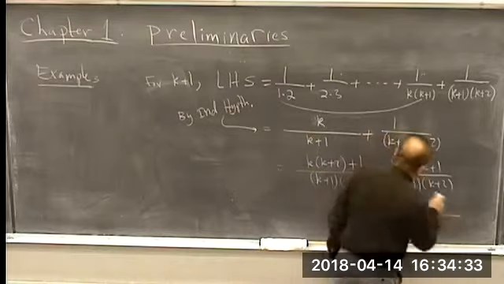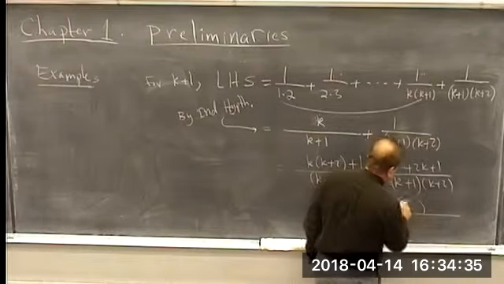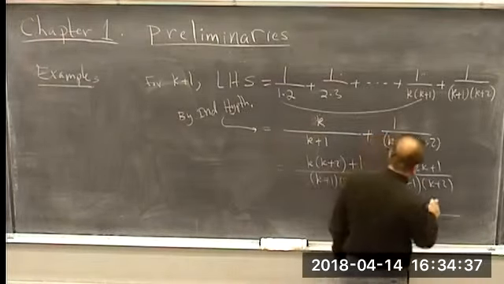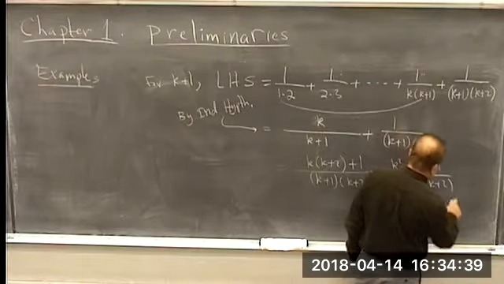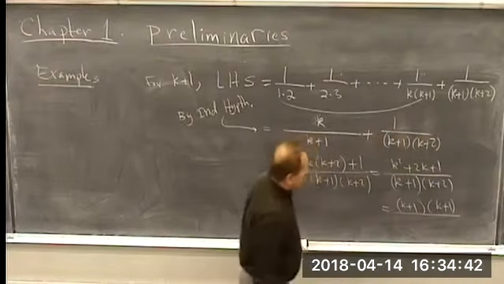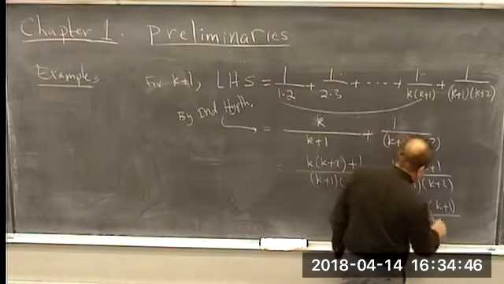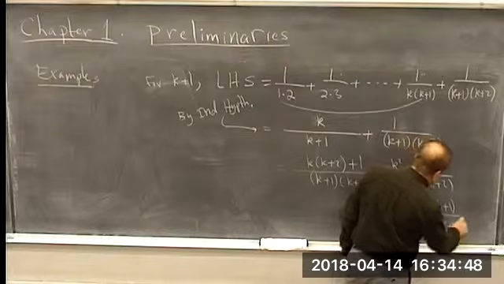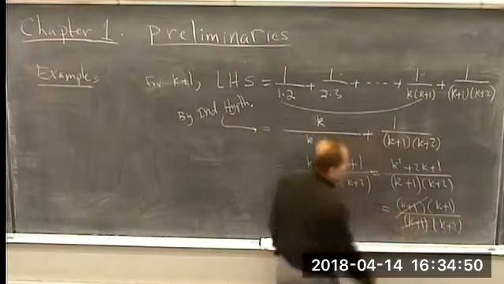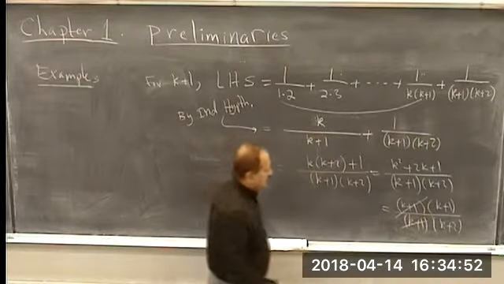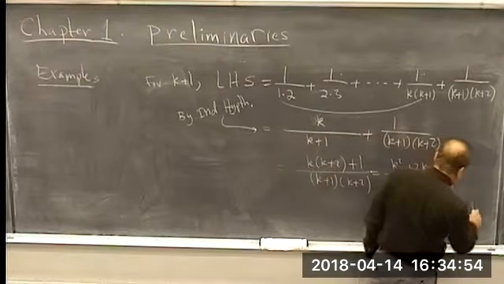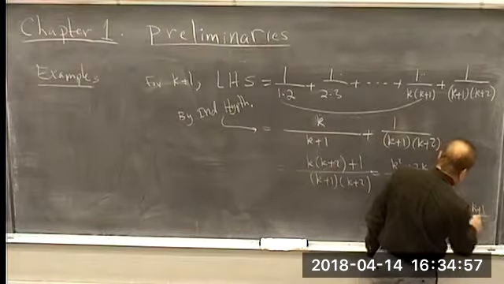Now if I factor the numerator, I come up with k plus 1 and k plus 1, that's just k plus 1 squared, over k plus 1 times k plus 2. Upon canceling out a k plus 1, we end up with what the identity should be.